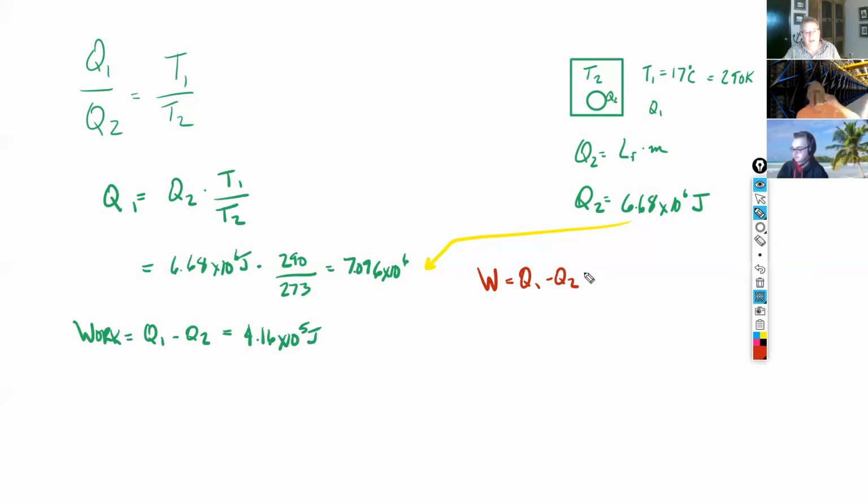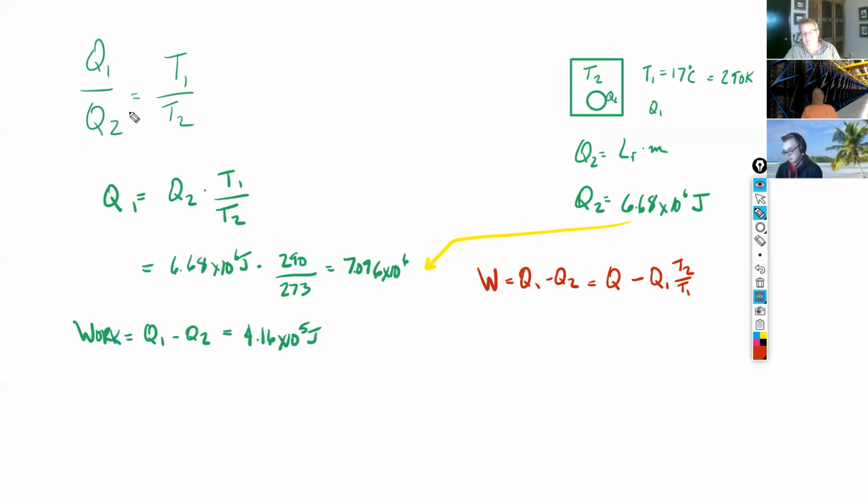Based on this equation here, that's going to be Q1 minus Q1 times T2 over T1. I'm solving for Q2. T2 will be up on the numerator, T1 in the denominator from this equation.